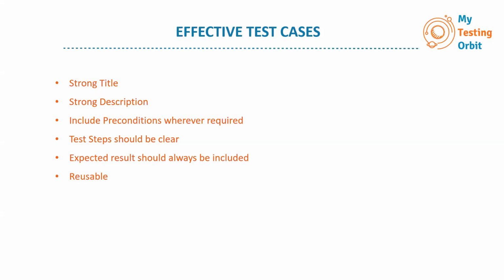This is not optional, this is a mandatory field, because the expected result field tells us what a tester should experience as a result of the test steps. Test steps are actions, and the results of those actions are what needs to be mentioned in the expected result field. This is how a tester determines whether a test case has failed or passed.